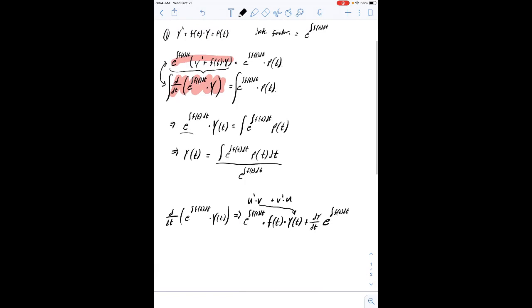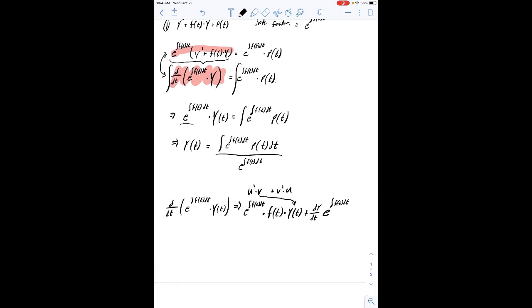Okay, so now we actually see that we can pull out this term and this term, which leaves us with e to the integral f of t dt times the group. I'm going to put this term first. Remember that dy dt is the same as y prime.